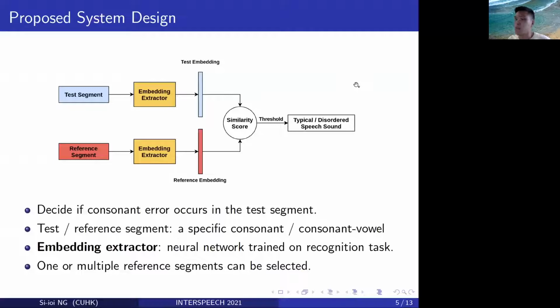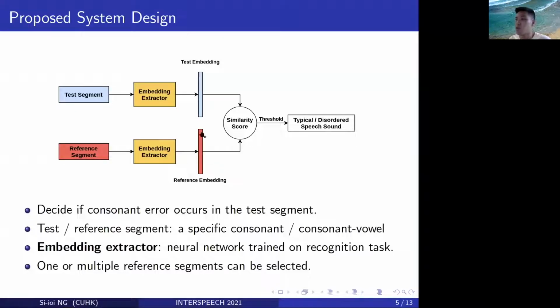This is the detection system. It aims to decide if a consonant error occurs in the test segment. The system first receives the test segment and the reference segments, and these segments pass through the embedding extractor, which is a neural network, and the embeddings are derived.